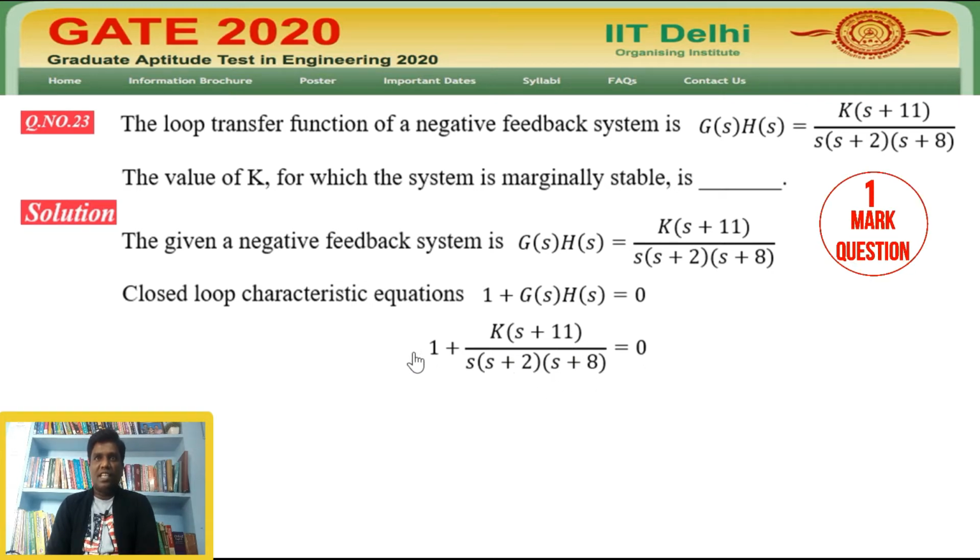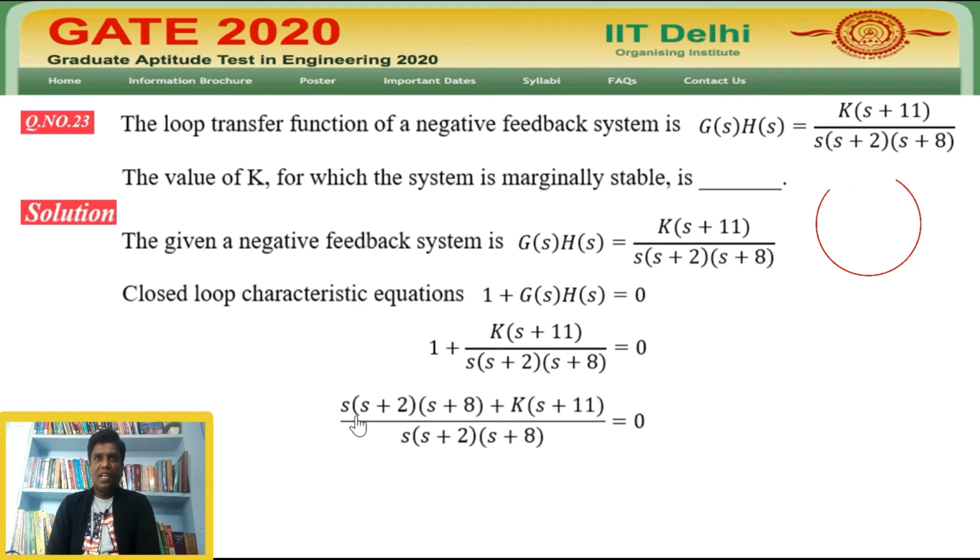After cross multiplication, the equation will be s(s + 2)(s + 8) + K(s + 11) divided by s(s + 2)(s + 8) equal to 0. Multiply these three terms with each other and multiply K into the bracket in the numerator part, as well as do the cross multiplication of the denominator part into the right hand side 0.